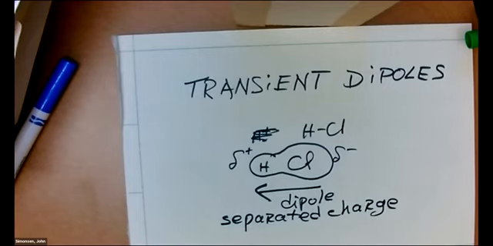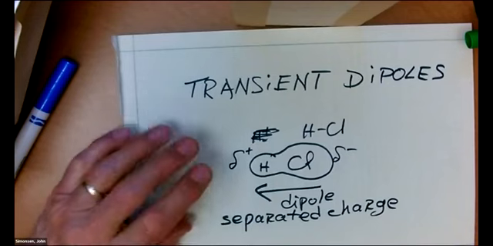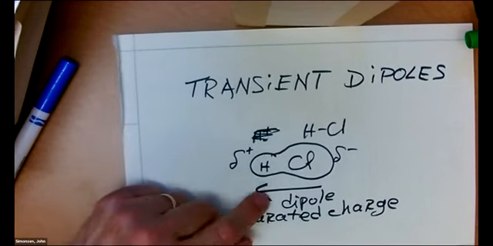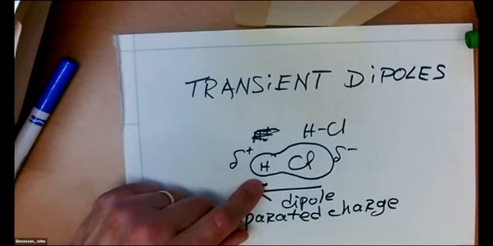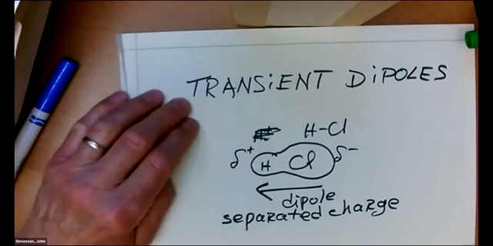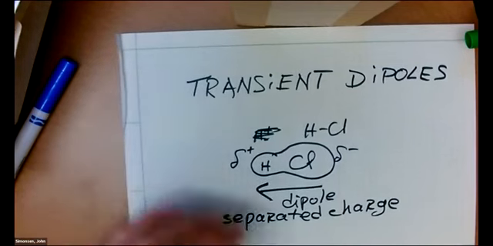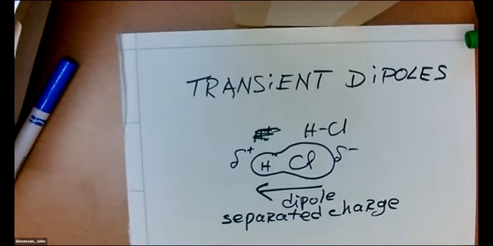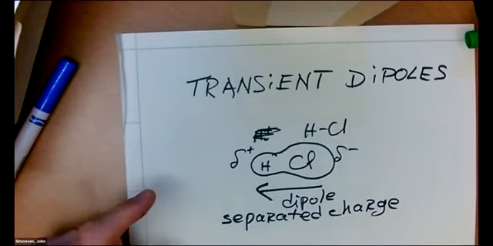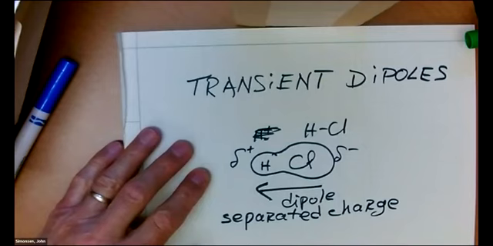With hydrogen chloride, you have a permanent dipole. With van der Waals forces and surface attachments, you have 2 atoms that are close to each other, hydrogen, hydrogen, carbon, carbon, whatever, so that electronegativity is not an issue. You still will have a dipole, but it will be transient.